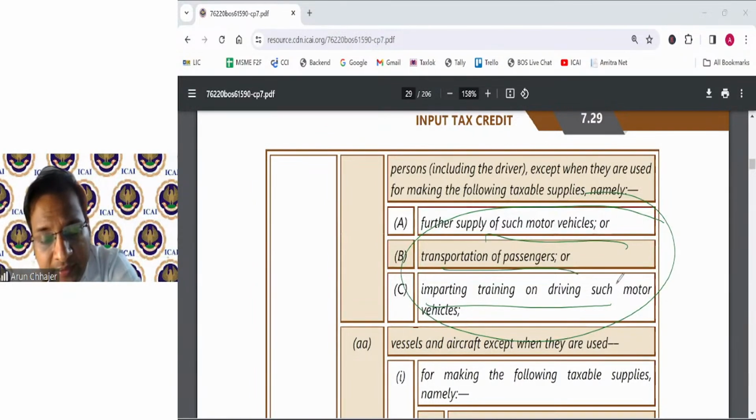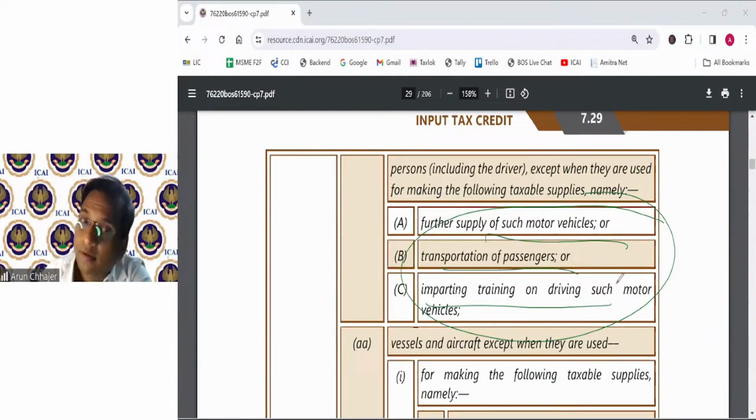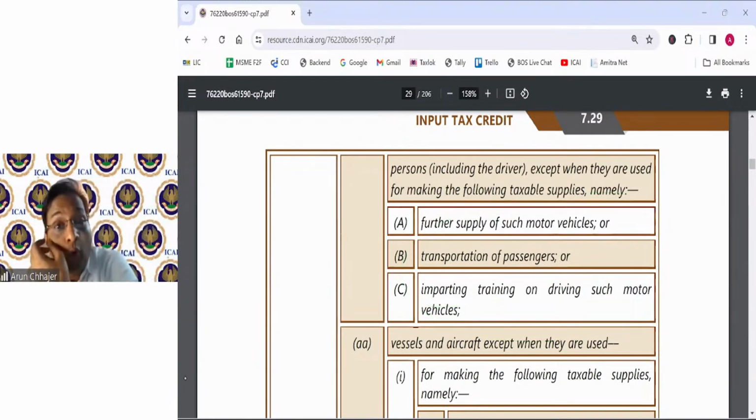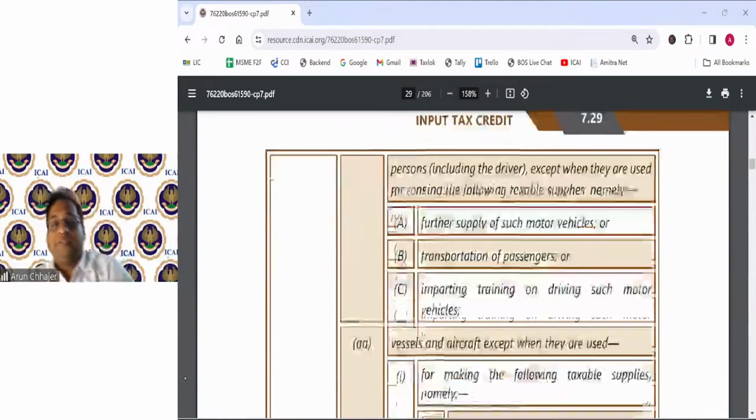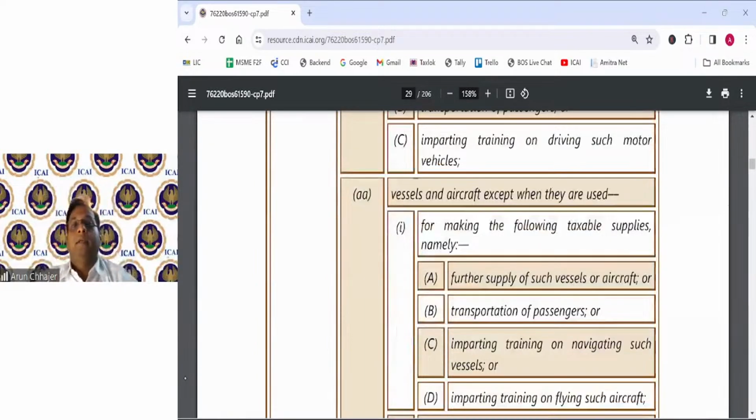Which condition have we left? If the motor vehicle has more than 13-seater capacity, then ITC would be allowed.